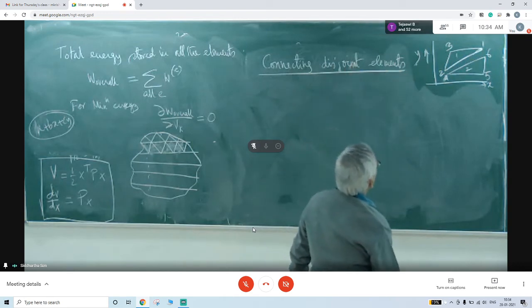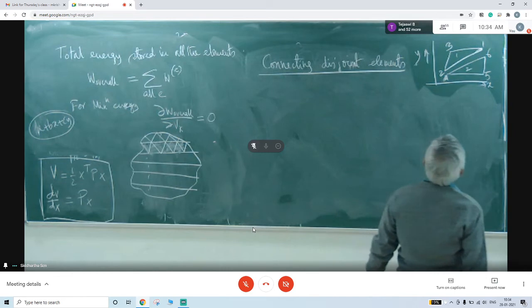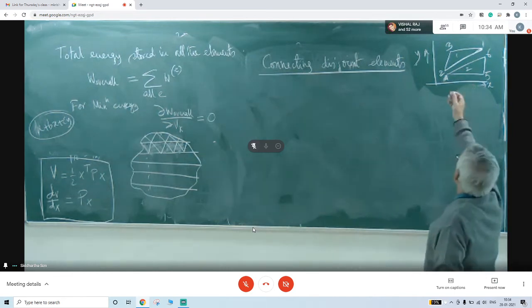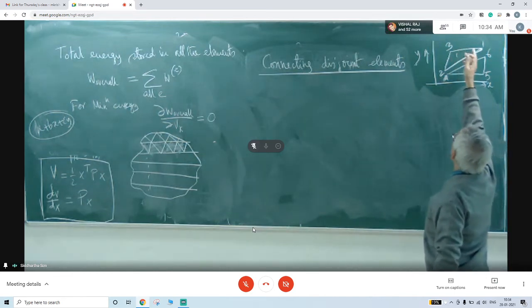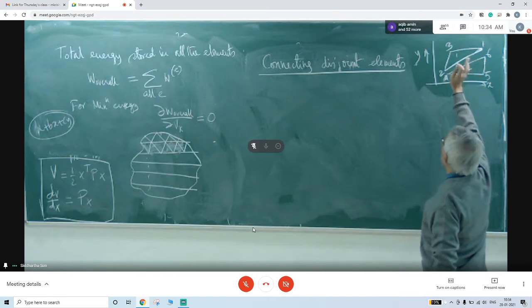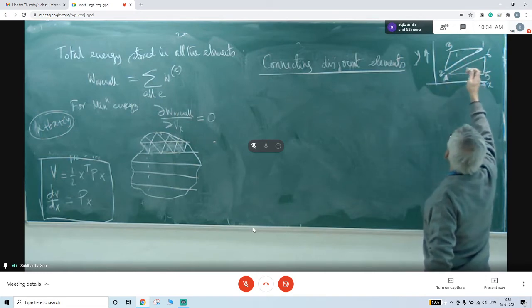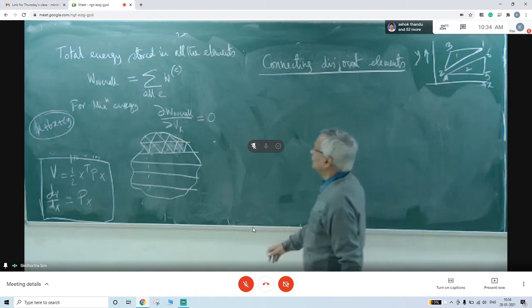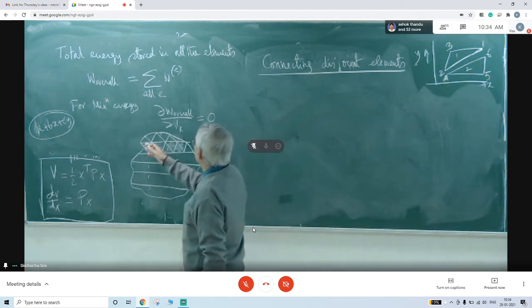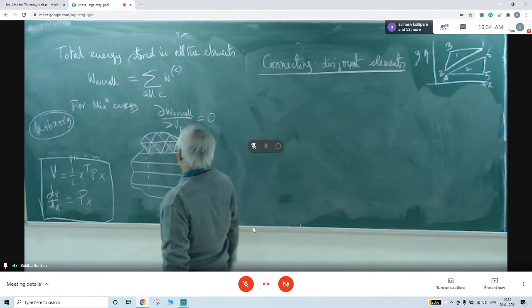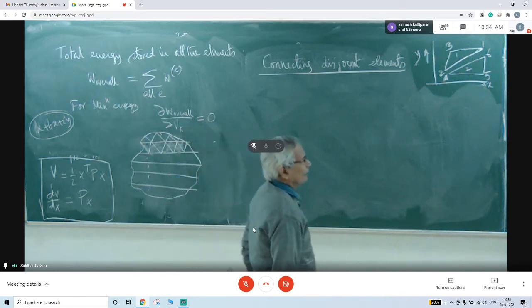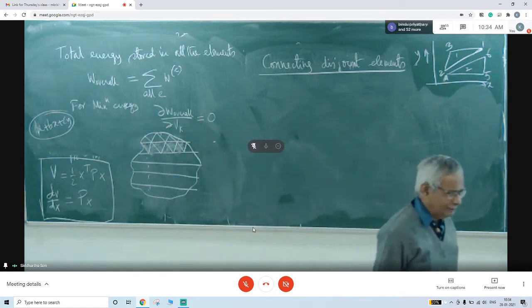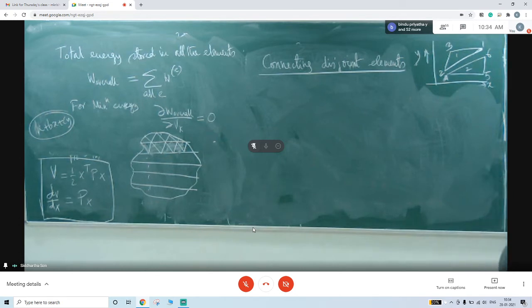What we mean by that, say suppose I have considered 1, 2, 3 as a triangle, which is disjoint to the second triangle 4, 5, 6. But here ultimately they are all connected. So naturally the number of nodes can be reduced if we consider the connectivity here.